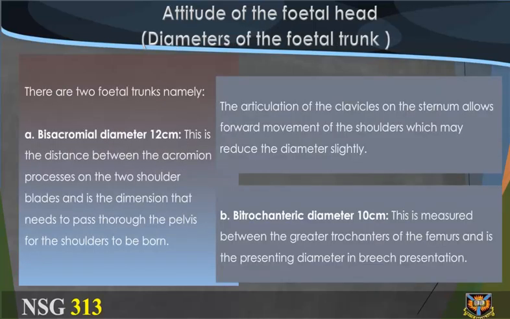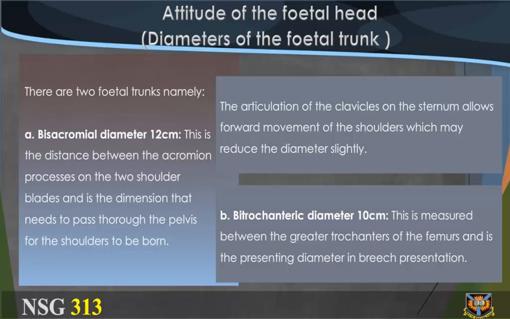Diameters of the fetal trunk. There are two fetal trunk diameters, namely A. Bisacromial diameter, 12 cm. This is the distance between the acromion processes on the two shoulder blades, and it is the dimension that needs to pass through the pelvis for the shoulders to be born.